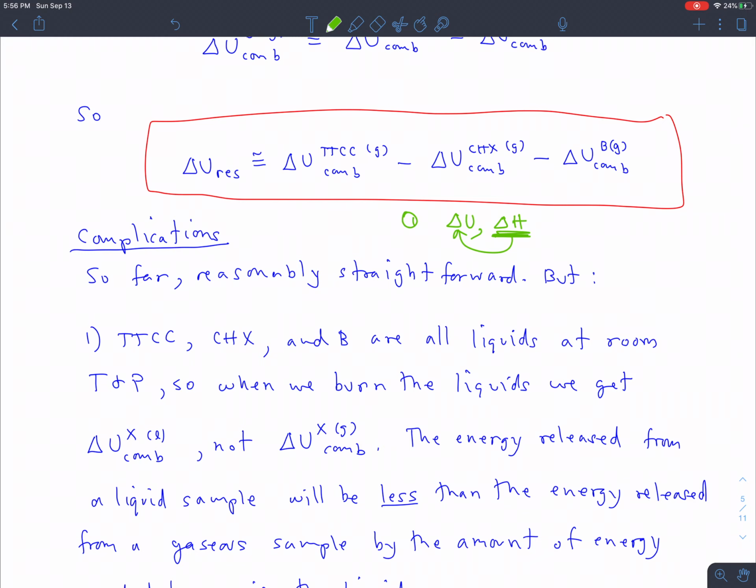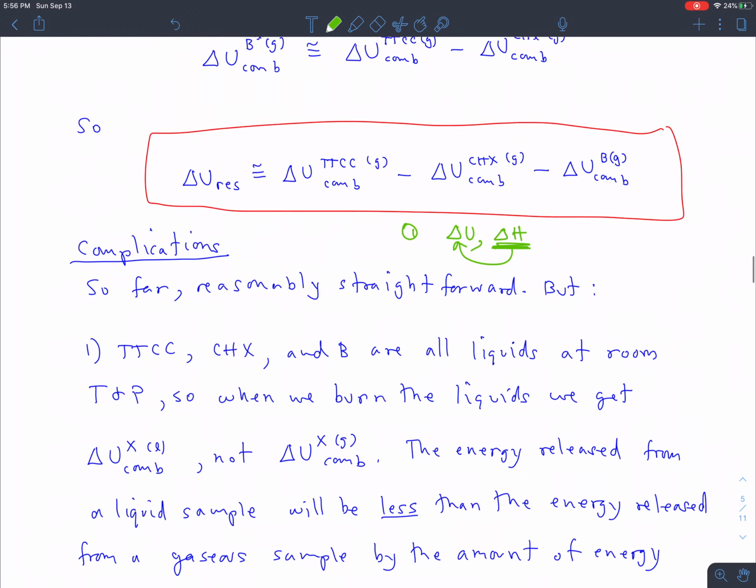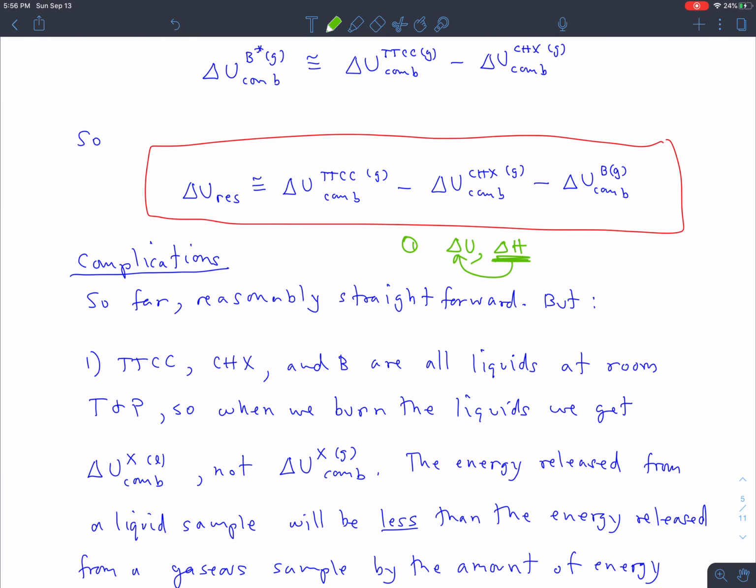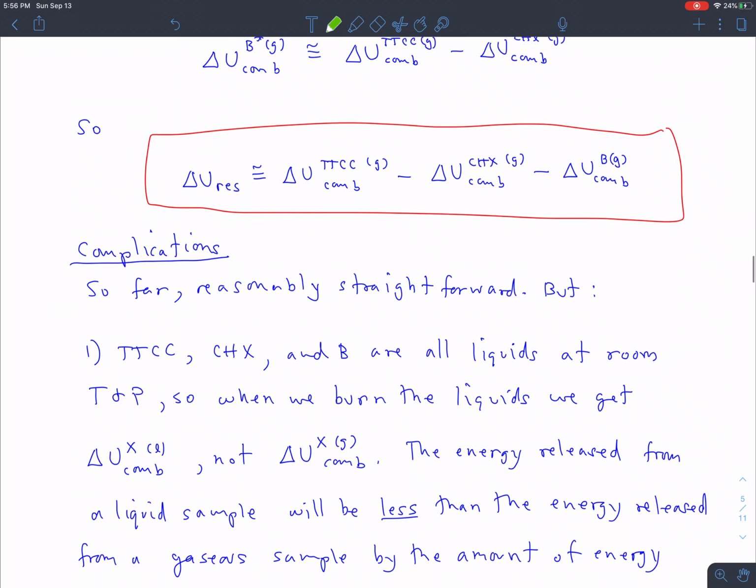And we don't want to do things from the liquid phase because then that involves extra energies, right? That involves energies of interaction between the molecules. We want to use the gas phase because the gas phase is a good approximation to a molecule that's truly in vacuum and not interacting with anything else. So if we want the resonance energy, we want the vacuum difference in energy, not the liquid difference in energy.